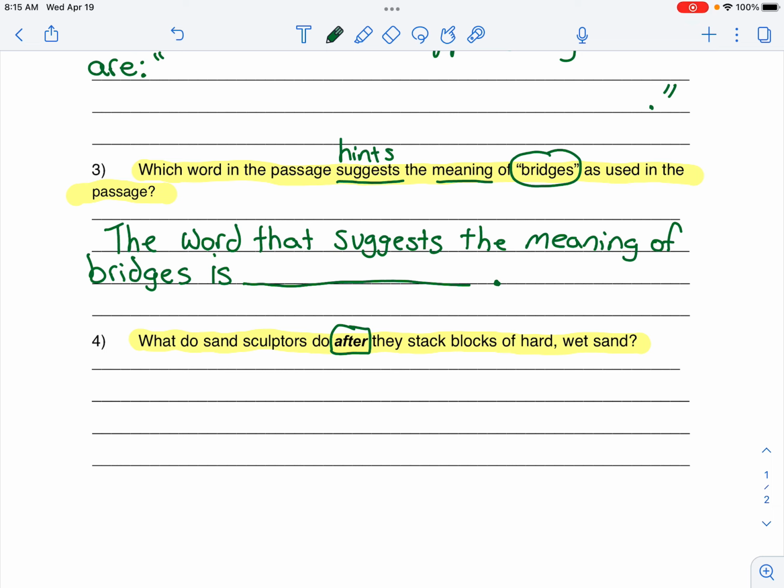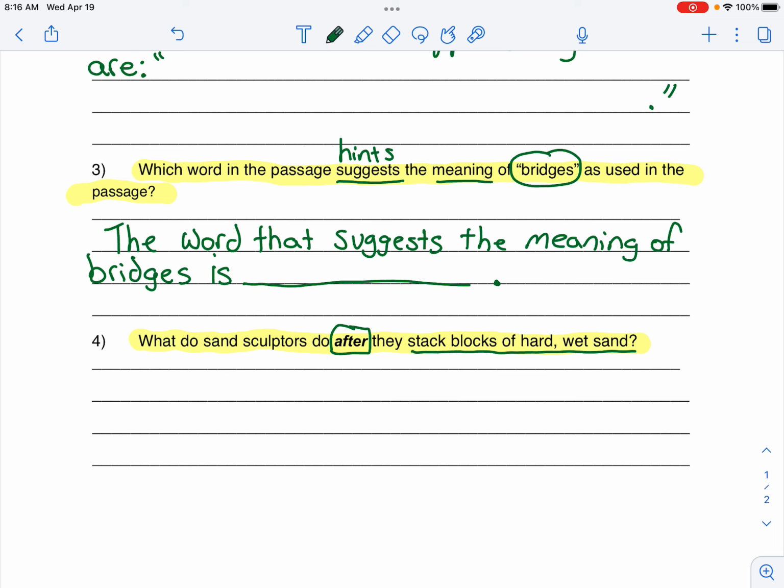I'm also going to underline this part here, because when I go back into the text to answer my question, I'm going to be looking for those words. Okay? After I have located the words in the text, I'm going to read around it and find out. And remember, it has to be what they do after.